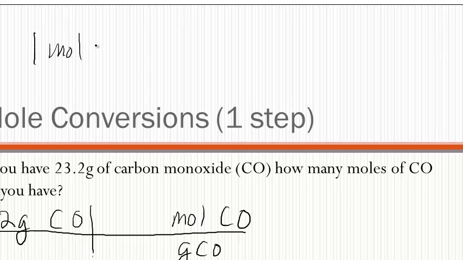And 1 mole is equal to, now, don't put down 6.022 times 10 to the 23rd. That is true. However, we're talking about mass now. And if you remember, 1 mole is equal to the molar mass of the compound or element. We're talking about carbon monoxide.